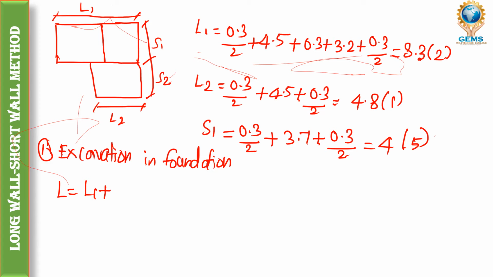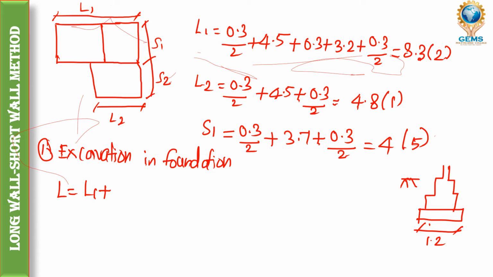For this we need the section diagram. For the section, the breadth will be 1.2, then up to ground level, right? So up to ground level, I'll just simply draw.